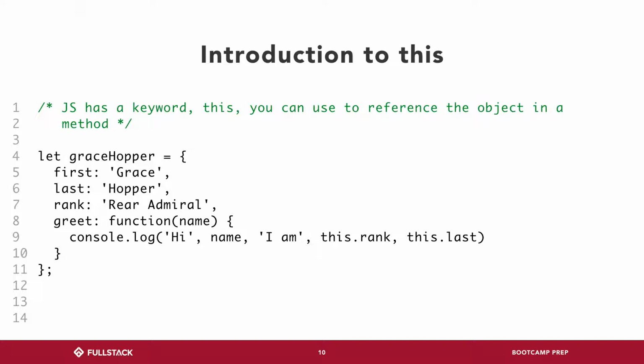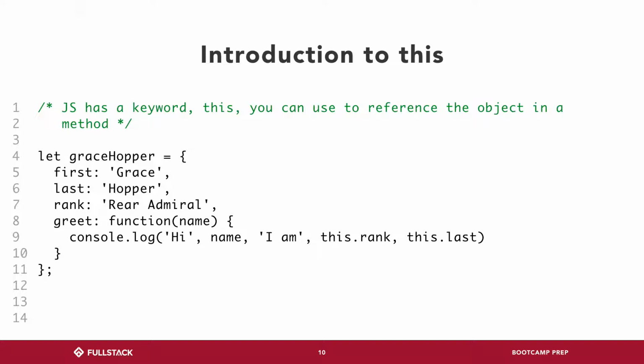So we'll take it slow. But this is the same thing as what we did before, because in this object, when we have a function and we refer to this, this is the object itself.